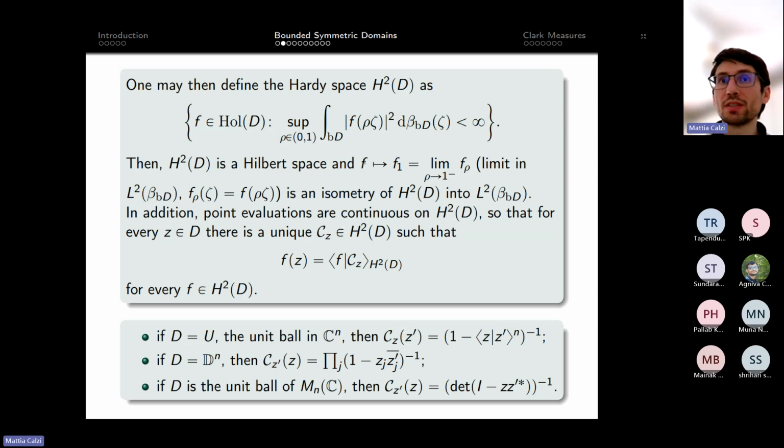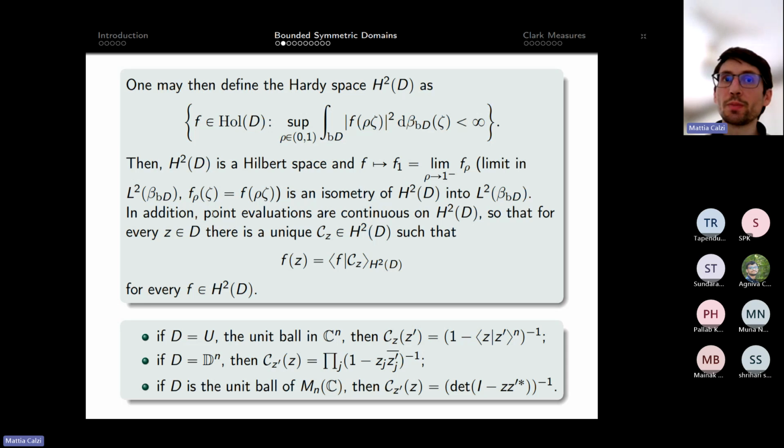This mapping, which takes f to the radial limits, which exist almost everywhere, is an isometry of H2 into a closed subspace of L2 of the canonical measure on the Shilov boundary.